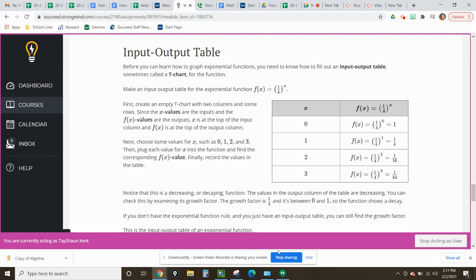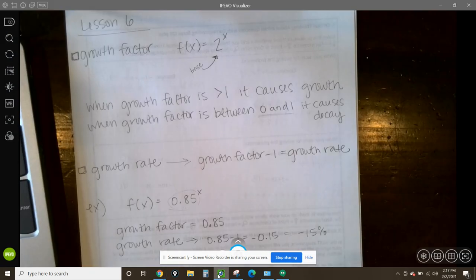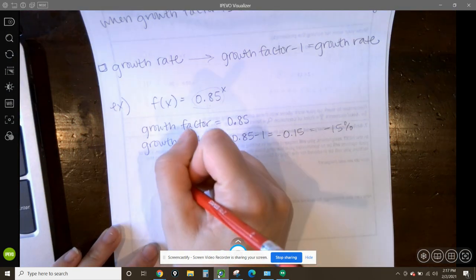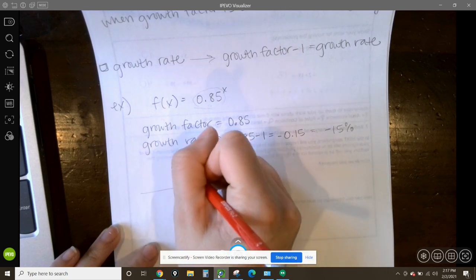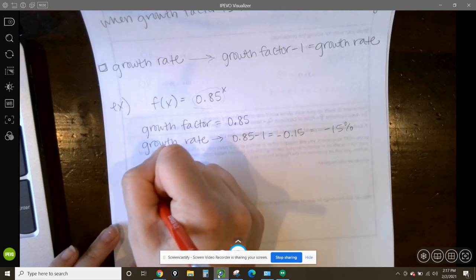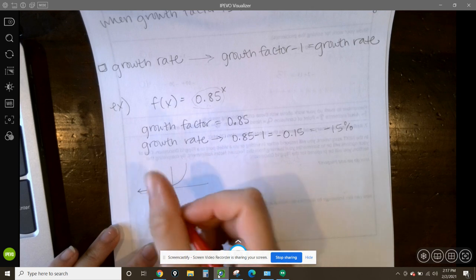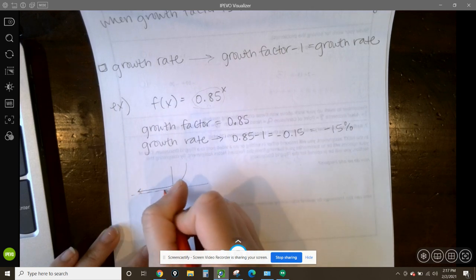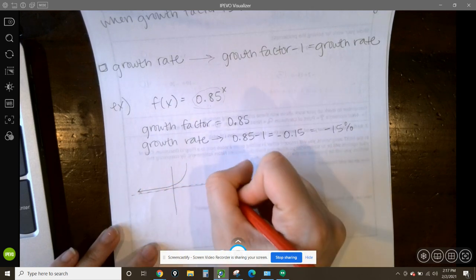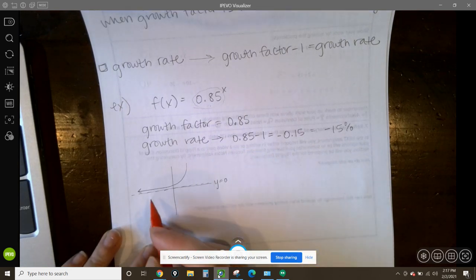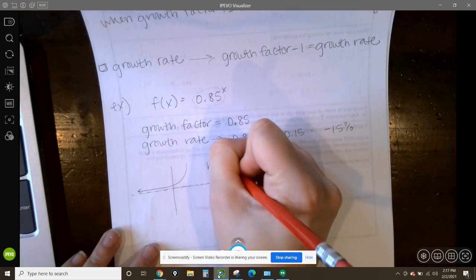Actually, maybe we should add that to our notes really quick. I'm just going to sketch that little graph and just show that this is getting really close to y equals 0, but it's not actually touching it.